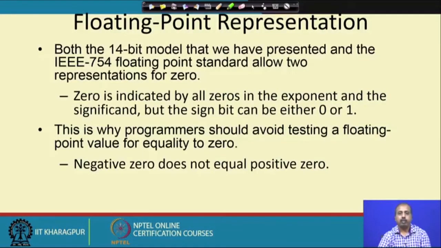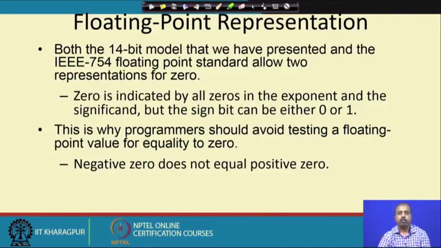You can get some surprising results because of that; the check may be successful or the check may fail, though in both cases the value is 0 only. For x equal to 0, in some cases the check may pass, in some cases it may fail. So, we have to be careful.